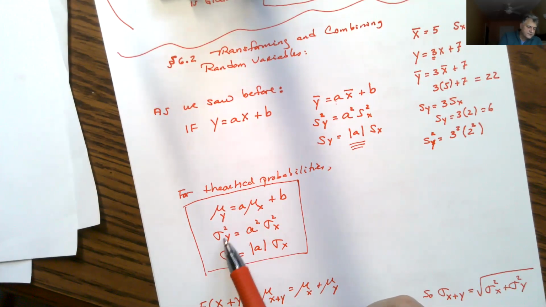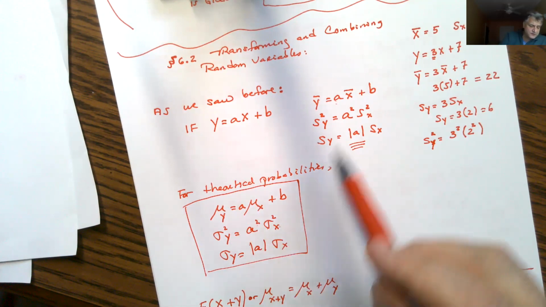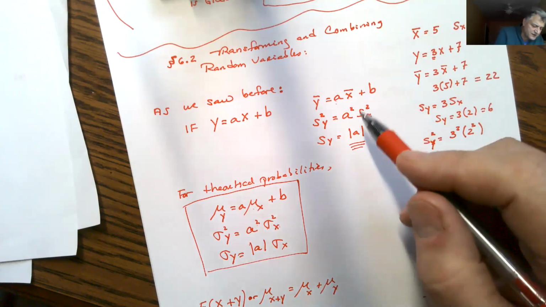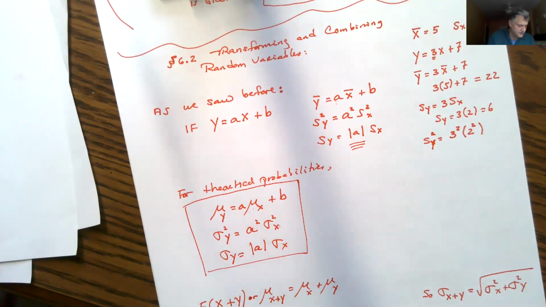Variance of y, sigma squared y, is a squared times the variance of x. And sigma y is the absolute value of a times sigma of x. These are exactly the same formulas, just instead of an x bar you have a mu, and instead of an s you have a sigma.